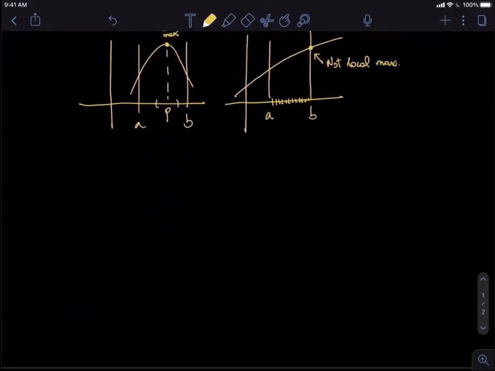The most important thing about maxima and minima is this theorem from Calculus 1 that allows us to characterize these extrema when the function is differentiable. Let's say that we have a real function f from a closed interval [a,b].